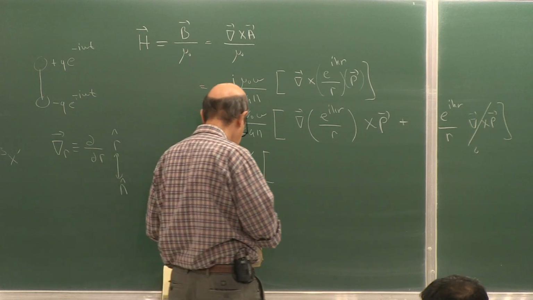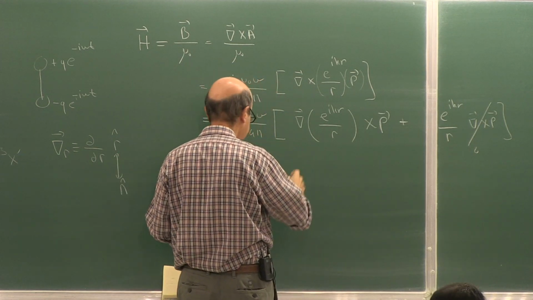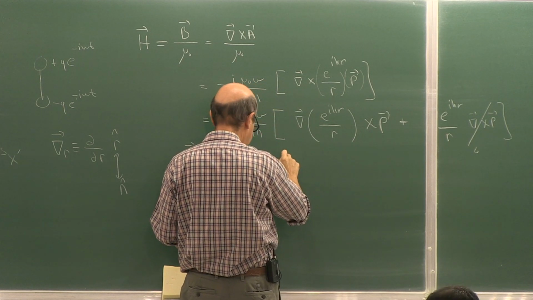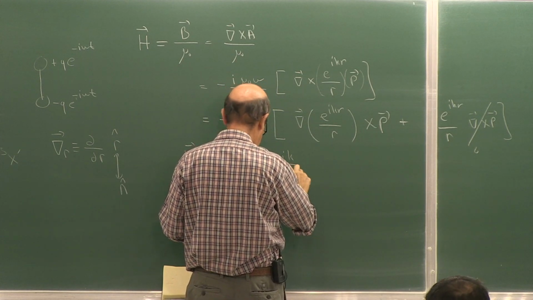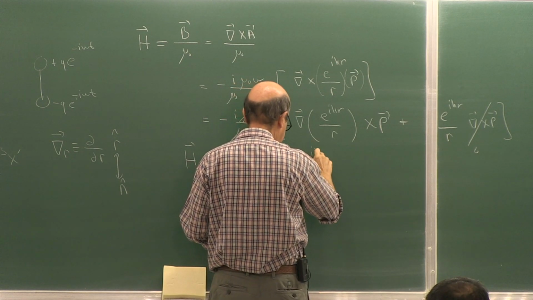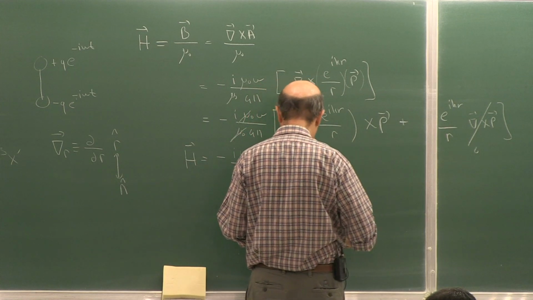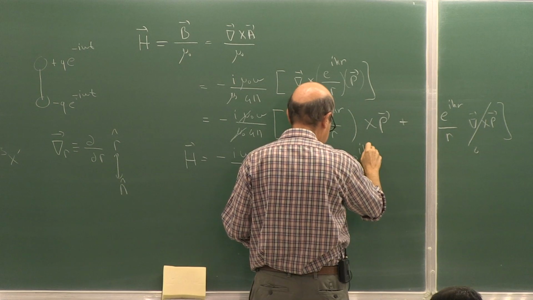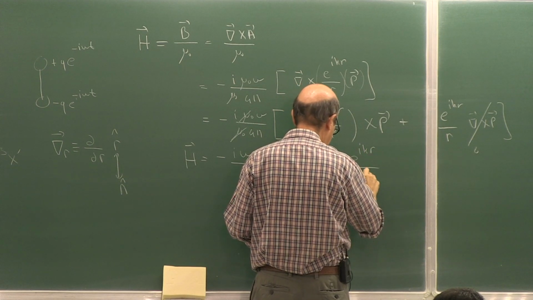So if you do this, you will obtain the following. The first term, the derivative of the exponential, is ik over r times e to the ikr. The derivative of the 1 over r will be minus 1 over r square. That will be totally e to the ikr over r square.